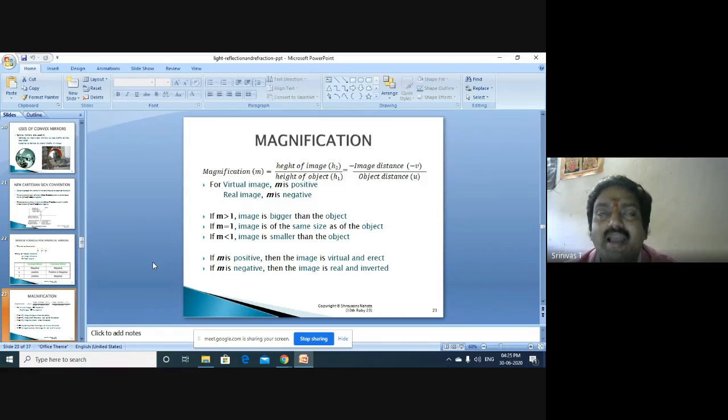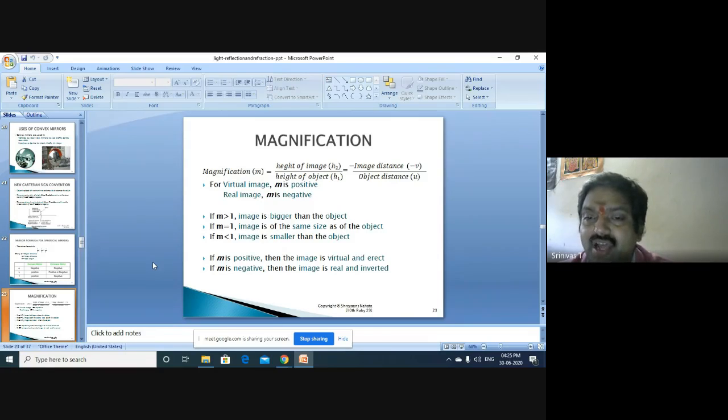Magnification is defined as the ratio of the height of the image, H2, to the height of the object, H1. Object height is H1 and image height is H2.